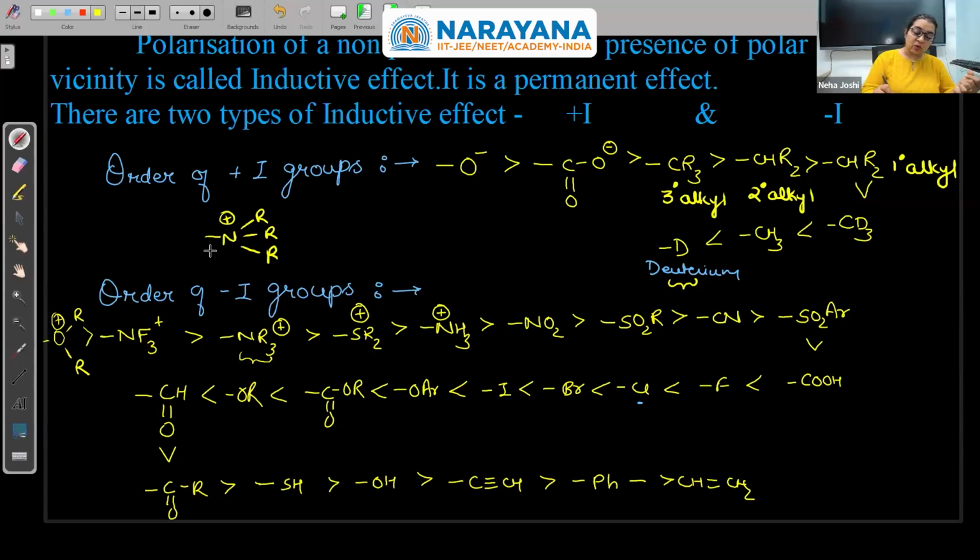What happens is that when water is surrounding NR3 plus or NH3 plus, the negative pole of oxygen neutralizes the plus polarity of nitrogen plus. But in NR3 plus, due to the hydrophobic nature of R, this is not possible. This attraction does not take place. Water could not come very close to N plus.